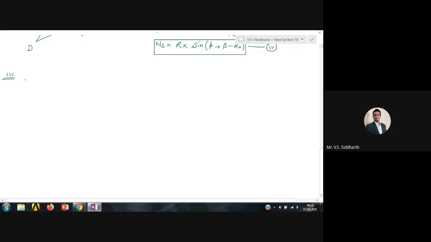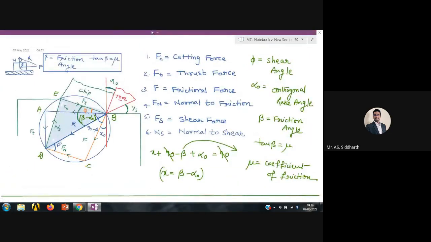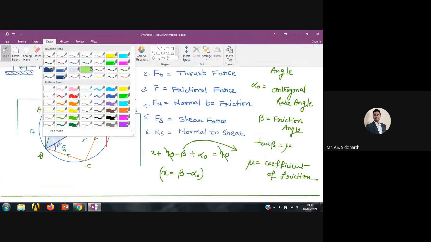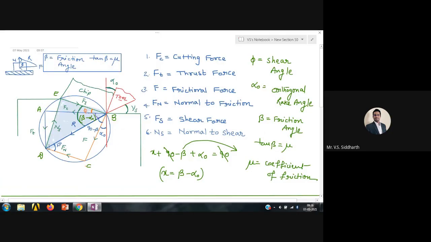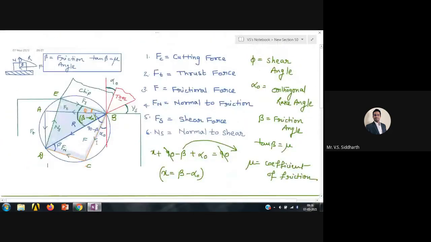Now, what should be the next step? Anyone? I have to take this triangle, this one. Triangle BDC. Good.